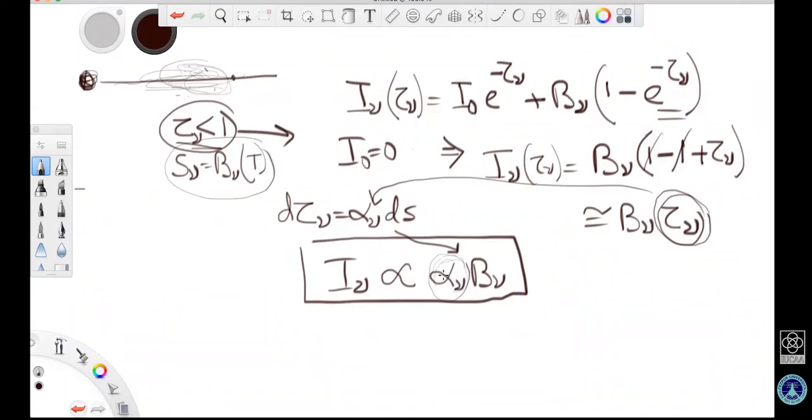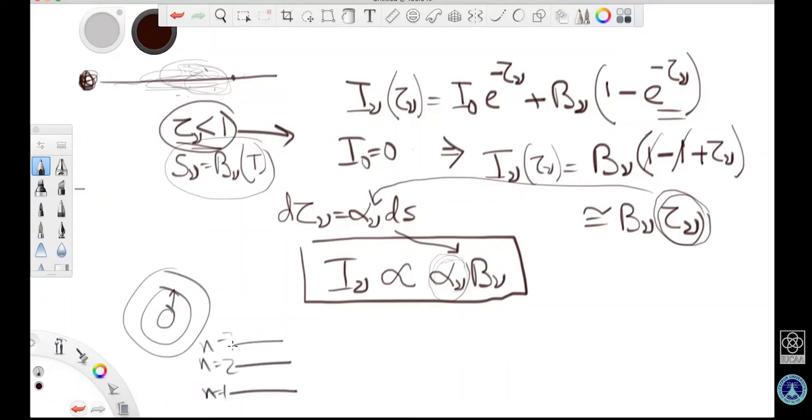And where is alpha large? At the spectral lines. Remember the spectral lines, the cross-section of interaction with the photon. For example, I have an atom here, and there are different energy levels, n equal to 1, 2, 3.